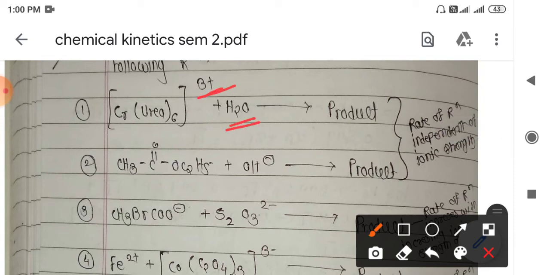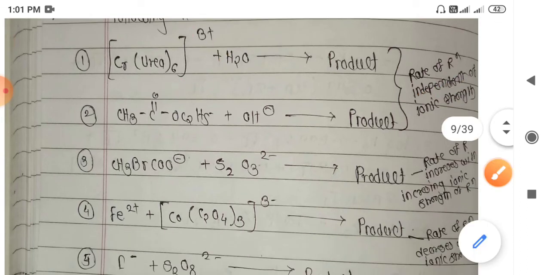The product will be a substitution reaction, but we need to tell the rate constant of the overall reaction. So we just need to take the product of these two reacting molecules, plus 3 into 0. What is the answer? It should be 0. So the rate constant is independent of the ionic strength.